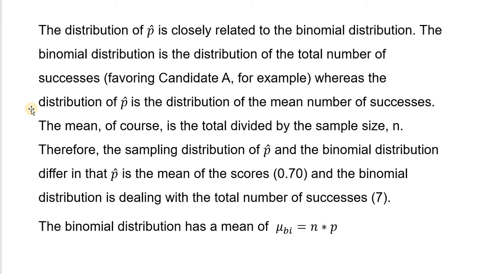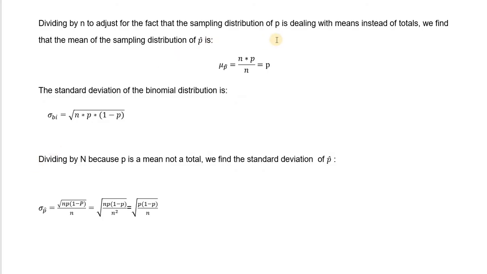Now, we know that the binomial distribution has a mean of n times p. And we know that the distribution of sample proportion is the mean of the number of successes. So all we need to do is divide by n to adjust for the fact that the sampling distribution of sample proportion is dealing with the means instead of the totals.